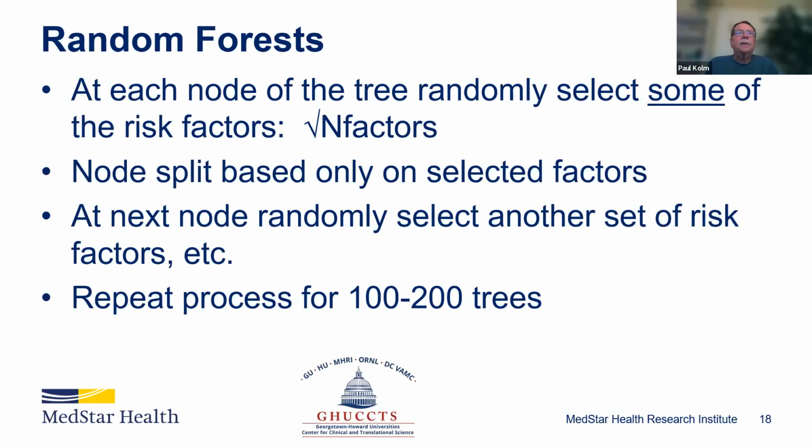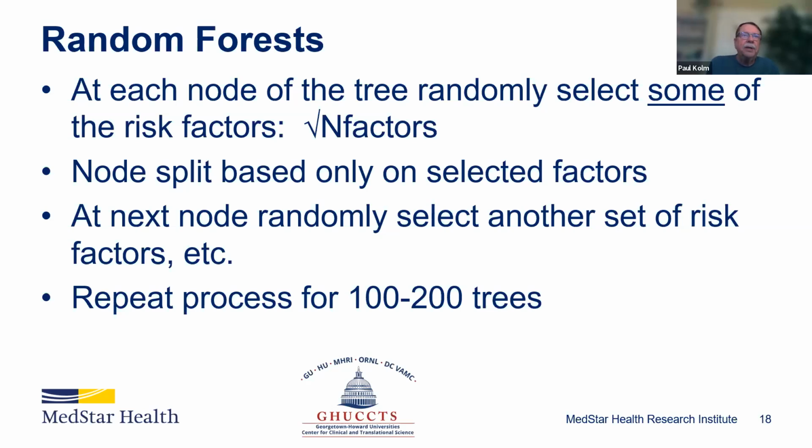Then at each node of the tree, random forest randomly selects some of the risk factors, and the square root of the number of risk factors is usually what it selects. You then have your nodes split based only on the selected factors.